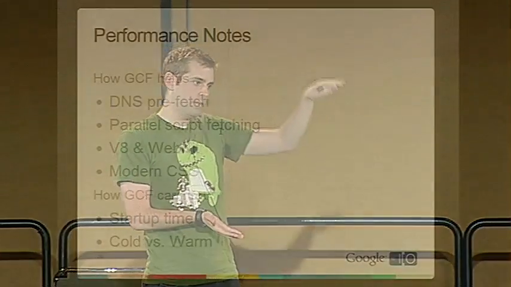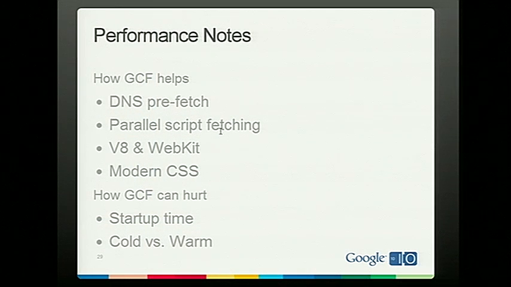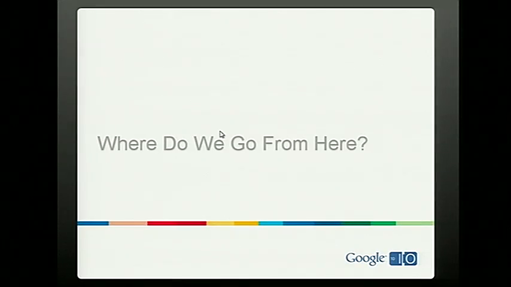And so modern CSS, DNS prefetching, which is to say, when we encounter a page, we look down the page to see which resources we're going to need in the future, and we fire off those requests at the DNS level early so that we can pre-warm the caches on the OS level for those. And between all of those things, we tend to do very well in terms of performance.